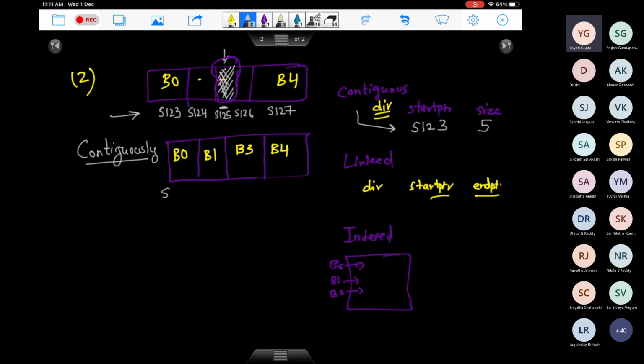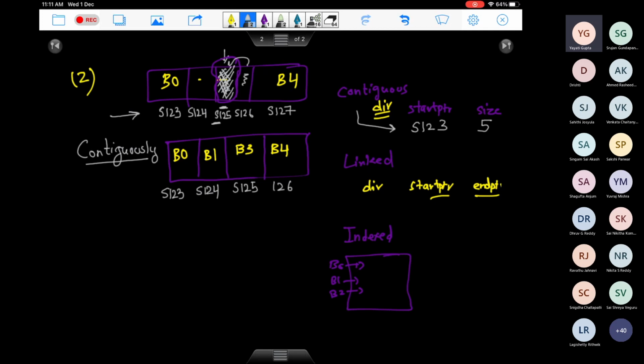Because all the allocation is done contiguously. So this is sector 123, 124, 125, 126. So you have to overwrite whatever is the content of this block, block 2 in sector 125. Now the content which is sitting here should come here, and the content which is sitting here should come here, because your file is anyhow going to be stored contiguously. You should maintain that contiguous pattern.